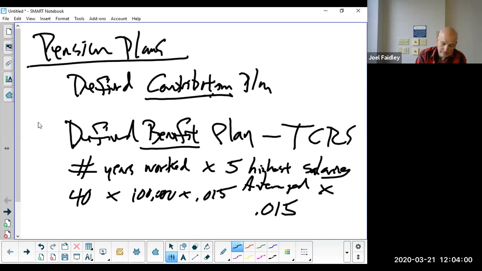And that is what? Looks like $60,000 per year. Pretty good retirement. But it's based on your 5 highest salaries. That's why it's important as you go through your career. If you get in a situation where you're making good money just in the last 5 years of your career, you're going to have a great retirement.